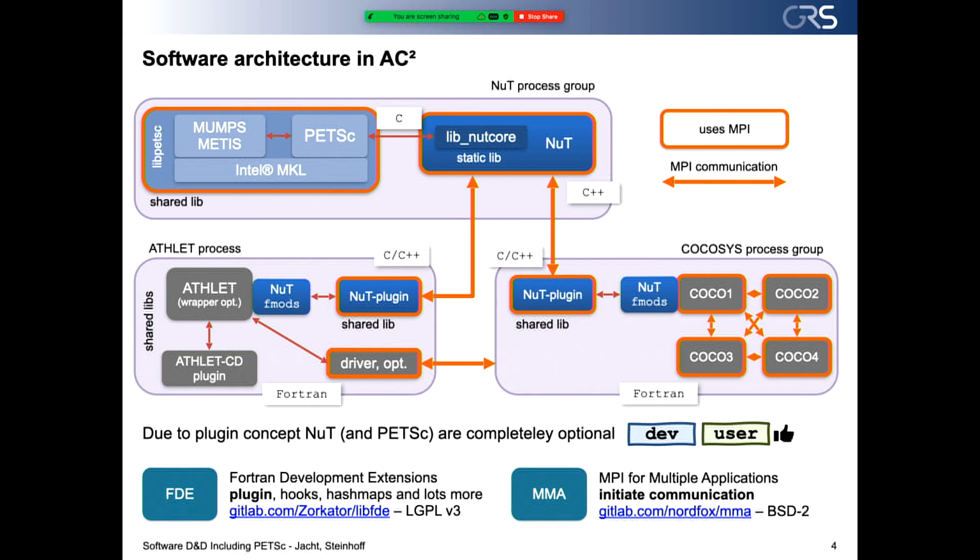Okay. As you see here, we have multiple process groups, MPI related, and it's quite a challenge to initialize everything so that we know who is talking to whom, who is allowed to talk to whom, and how the processes tell each other who they want to talk to. They don't always want to talk to everyone, so MPI_COMM_WORLD is not the way to go.